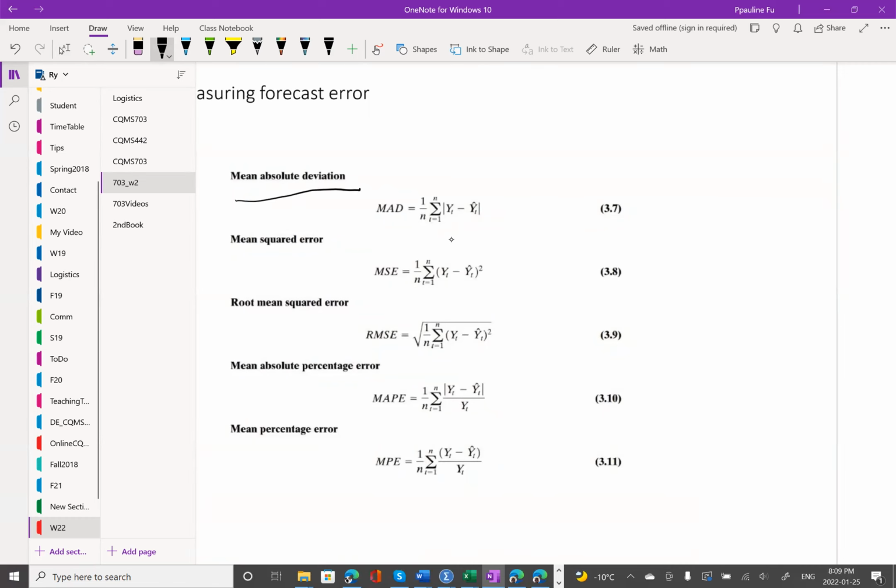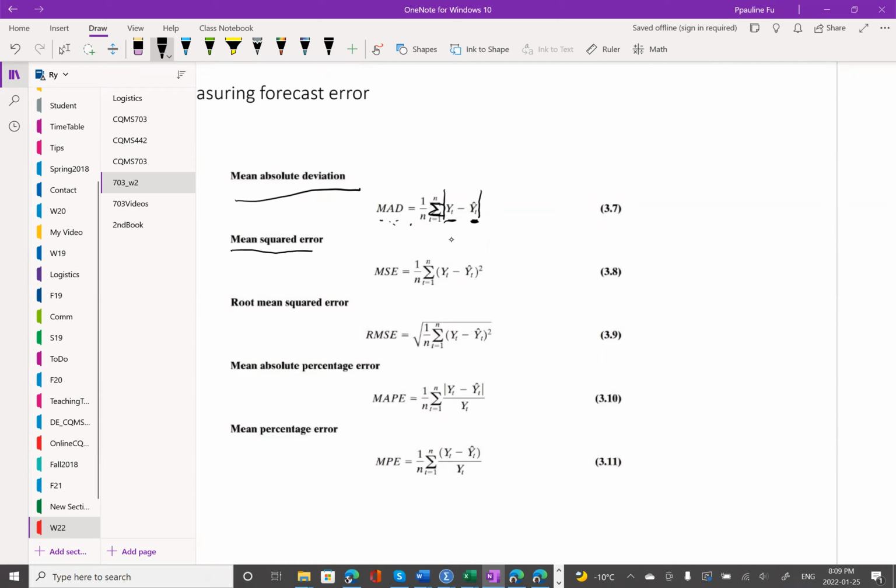What this method does is you use the original data minus the predicted data, Y_t hat. You take the absolute value, and then you add them all. After that, you divide it by n. That is MAD, mean absolute deviation. We hope this number, the smaller, the better.